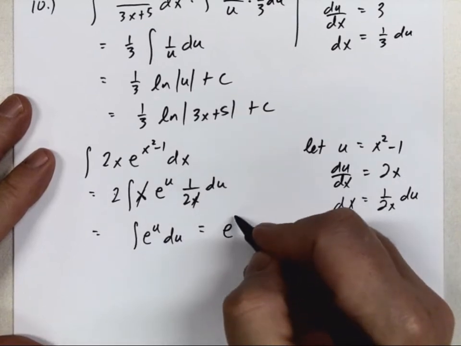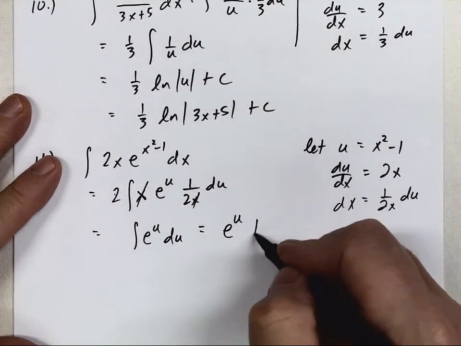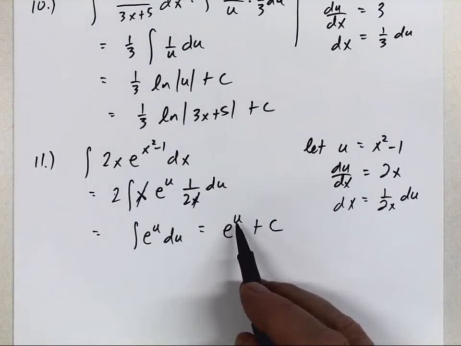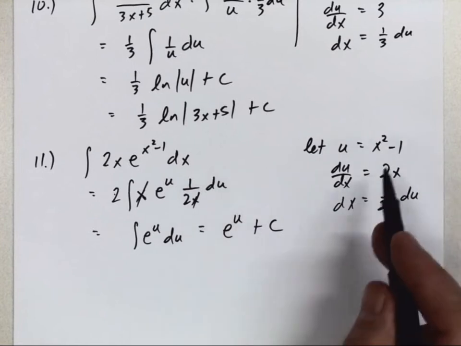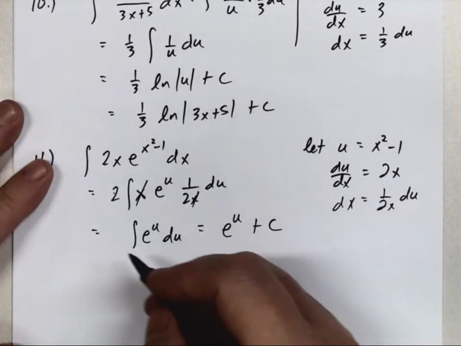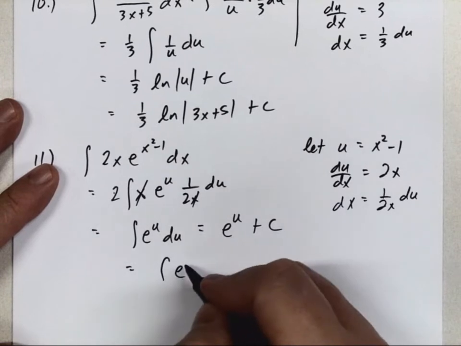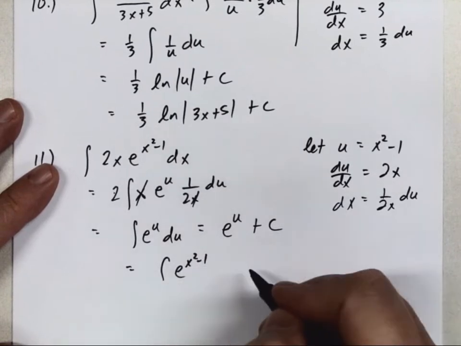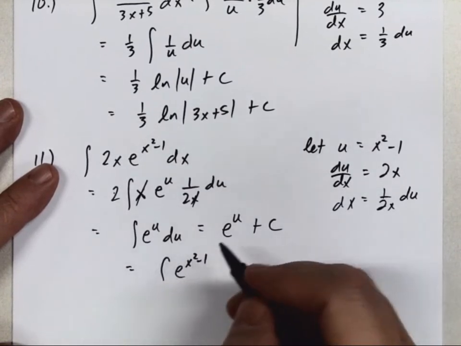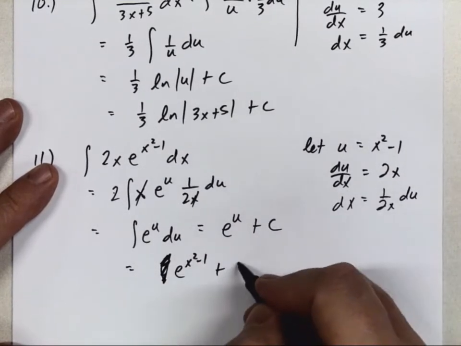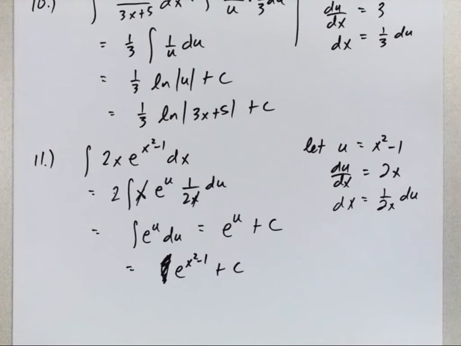You just rewrite the exponential function. Last step, get rid of the u by plugging in our x equation. Don't need that there. And now we've integrated this.